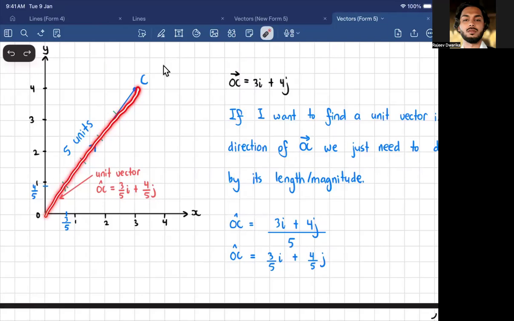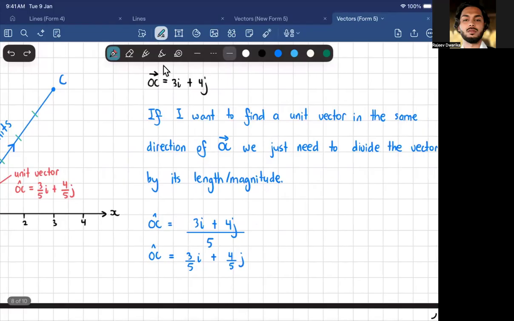The entire O to C is 5 units, and this is 1/5 of O to C. What do you think the length should be? 1. You said 1? Yeah, 1 is correct.